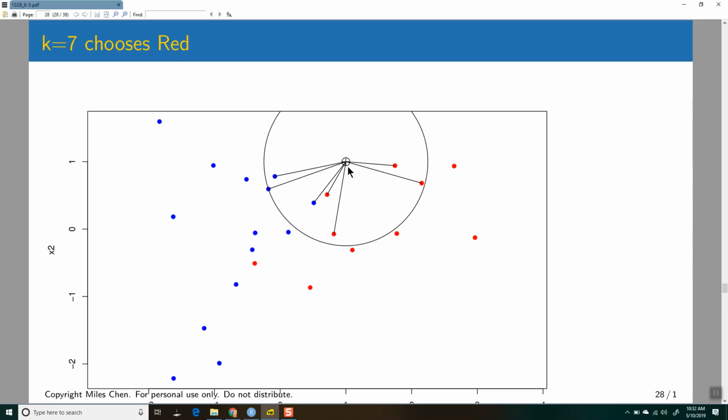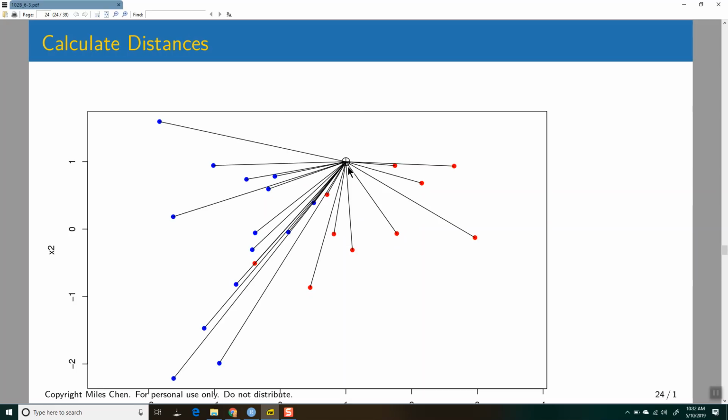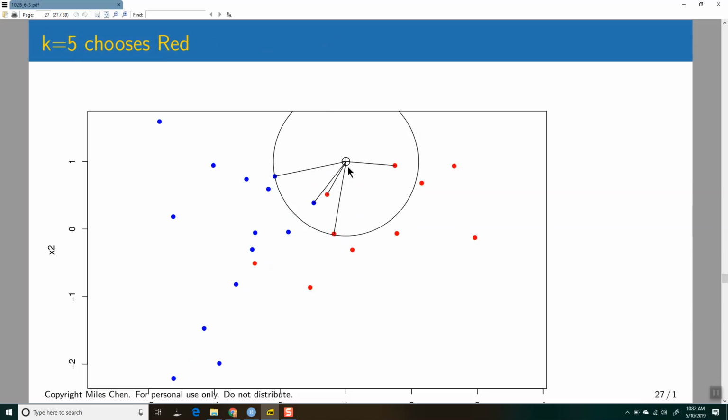Yes. How do you choose K? Basically, cross-validation. What we would do is designate some of these to be training and some of these to be validation, and we're going to see how many errors I'm misclassifying if I use K equals 1.